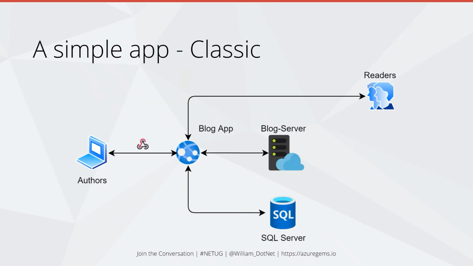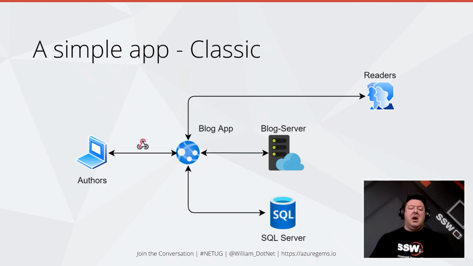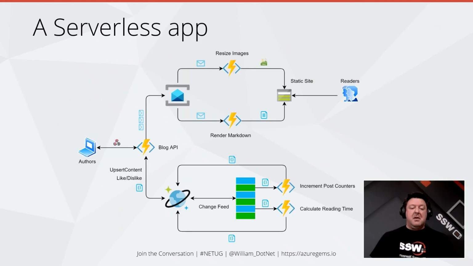So here is our classic application again, right? We've taken this, and after a bit of tinkering around, we've come up with a serverless solution. Now this is not the full implementation of a blog application. It's just a small slice of what you can do. All the complexity of profiles and managing your users, etc., you can still implement that.